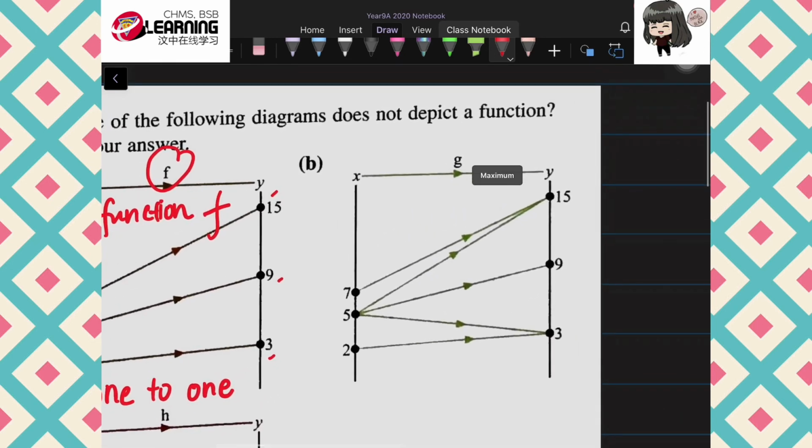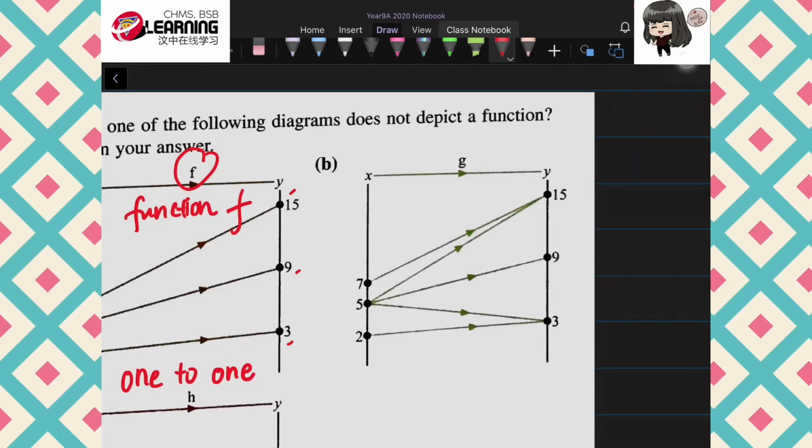And B, what type of relation is this for B? You see object 7 goes to image 15. Object 5 goes to the same 15. And 5 also goes to 9, and 5 also goes to 3. And input 2 also goes to 3.